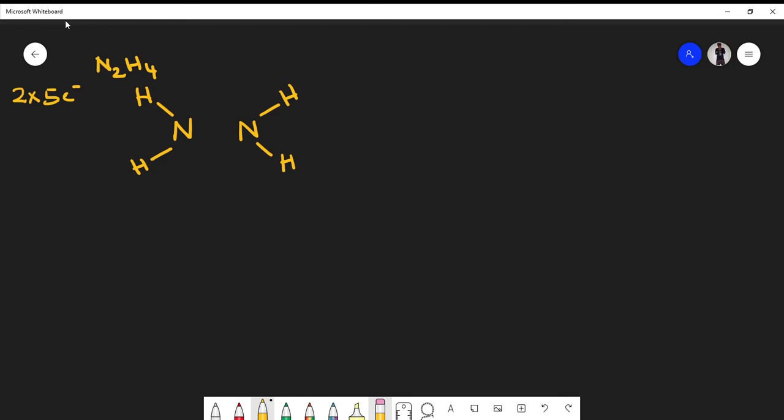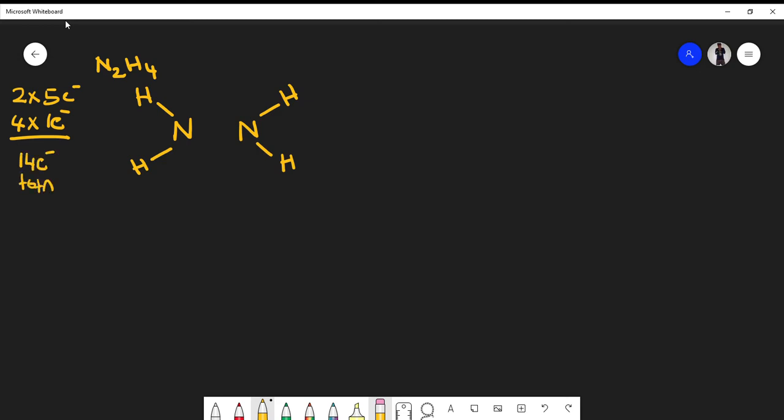So 2 times 5 for the 2 nitrogens, plus 4 times 1 for the 4 hydrogens, each giving 1 valence electron. That's 10 plus 4, so 14 electrons total to place.